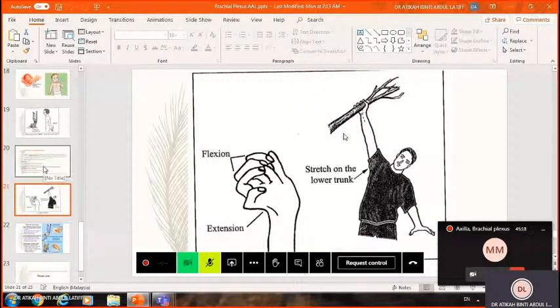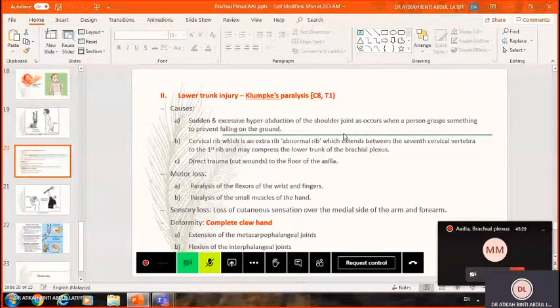Injury to the lower trunk, which is C8 and T1, will cause motor loss or paralysis of the flexors of the wrist and fingers, and also paralysis of the small muscles of the hand.